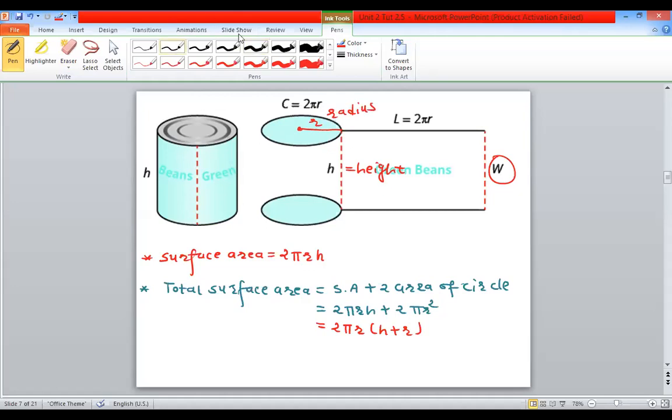And their volume, that means the capacity of it, is just pi r square h. Pi r square, that means the area of the circle, and h is height.